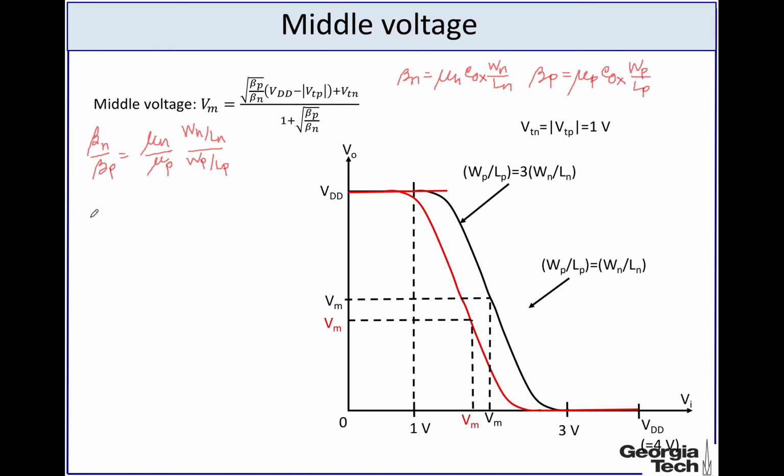Now what we have also said in one of the previous classes is that mu n is usually larger than mu p, and as a result, if you want to make sure that beta n is equal to beta p, then usually mu n over mu p is equal to 3. So you would get something like this.